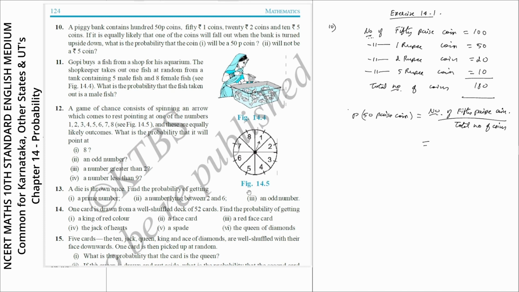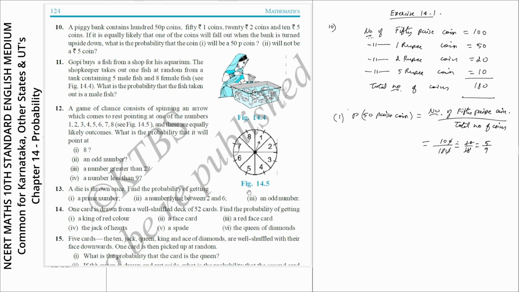You can skip this step and directly write the number of coins. Number of 50 paisa coins is 100, total number of coins is 180, so the 0s will get cancelled. It is 10 by 18, again 2 fives are 10, 2 nines are 18, so 5 by 9 is the probability that a 50 paisa coin will come out, and will not be a rupee fine coin.